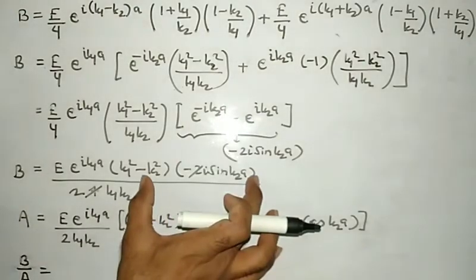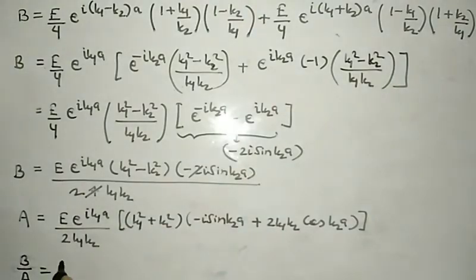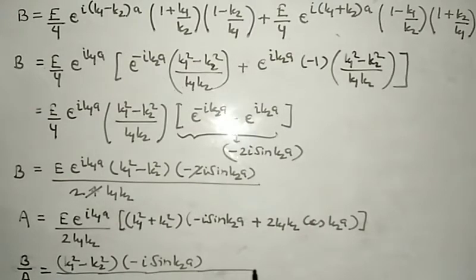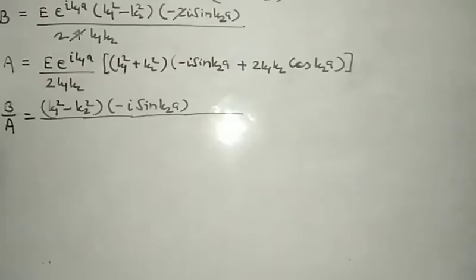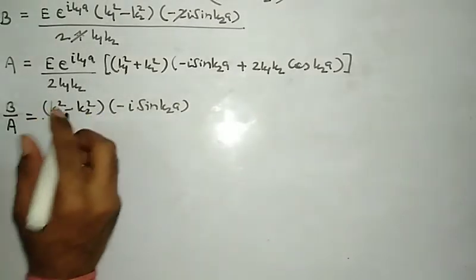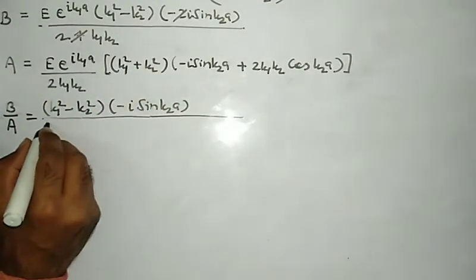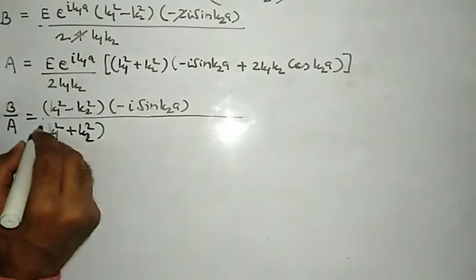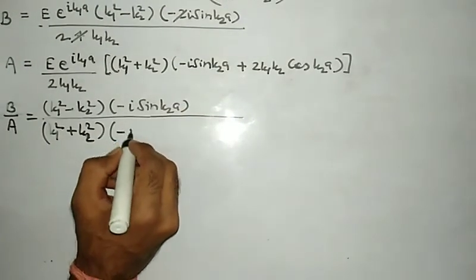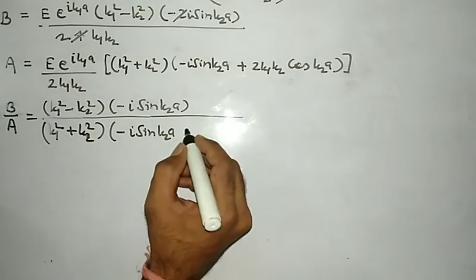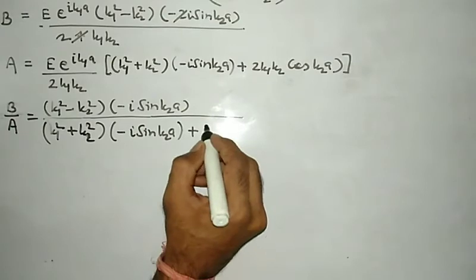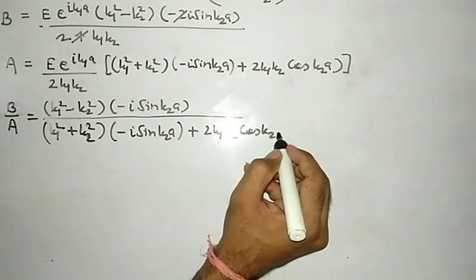Now this and this term will remain, so we will write k1 square minus k2 square, minus i sin k2a, upon, dividing these two, k1 square plus k2 square, and here minus i sin k2a plus 2 k1 k2 cos k2a.